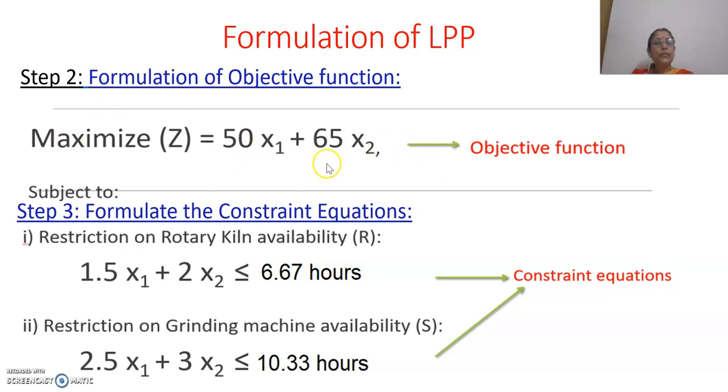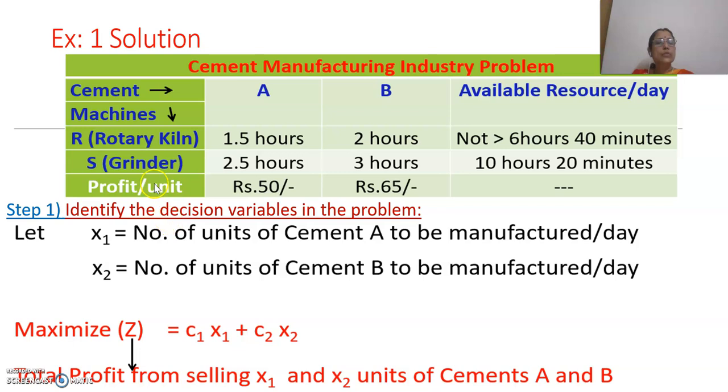Now this objective function is valid when it is subject to, or satisfies, the constraints in the problem. Two constraints are given to us in the problem. One is with respect to machine time of R and machine time of S. R indicates the rotary kiln and S indicates the grinder.